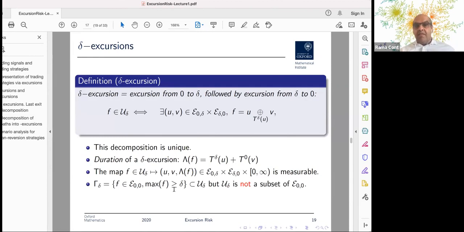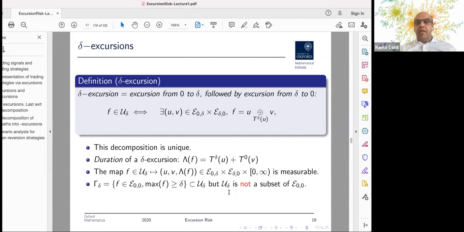Then that's an example of a delta excursion, because you can always split it at the time when it reaches delta and call the first part U, the second part V. So that's an example of this decomposition. We call these gamma delta, I'll use this notation in the next few slides. Obviously these excursions from 0 to 0 which reach delta are delta excursions, but as I will show you now, they're not all the delta excursions.